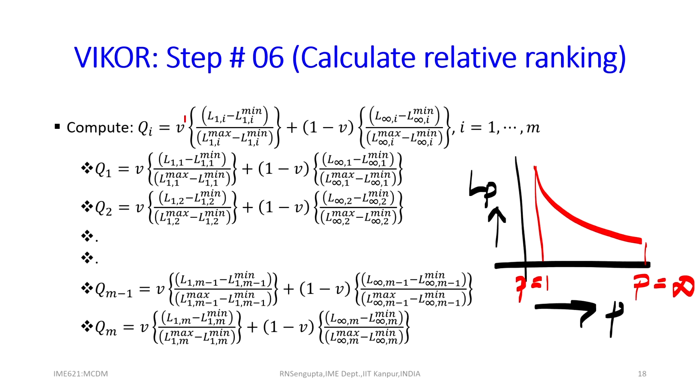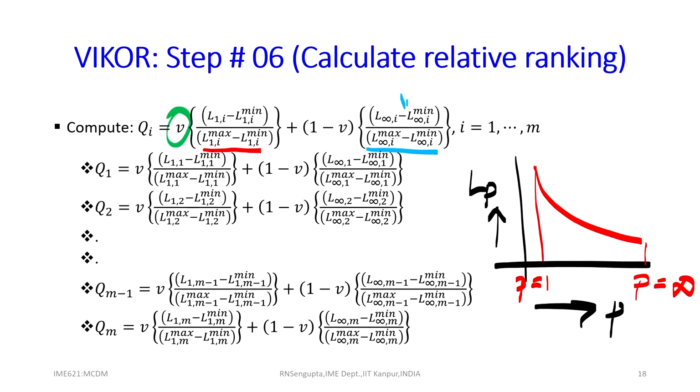Based on that I give the weights, which I am going to highlight using the green color. This is the V weight which I will put for the case. Again the same idea continues. I put in the denominator, in red color, the difference between the max and min for L1, and the max and min, in blue color, for L infinity.